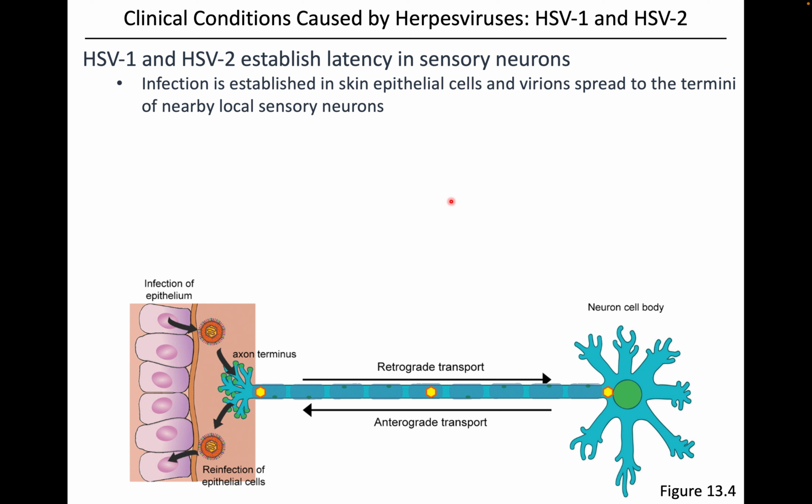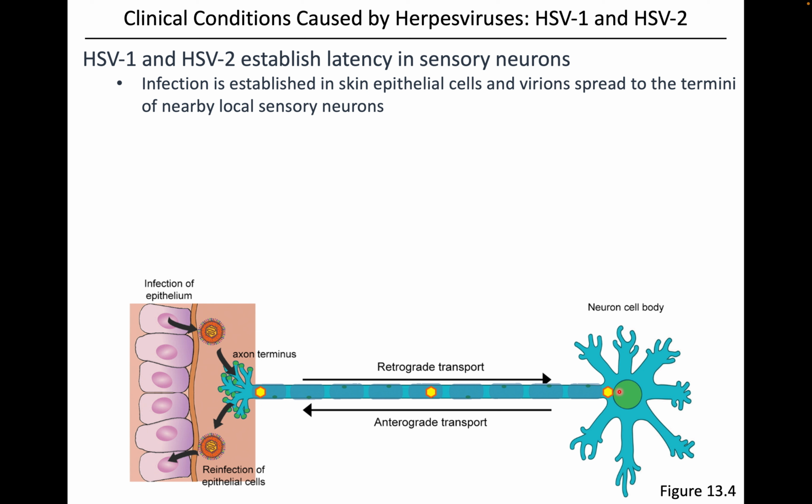So, I mentioned latency and just wanted to throw this in here just to give you a feel for what that looks like typically. For HSV 1 and 2, you're going to have the virus that was infecting epithelial cells enter the axon of a nerve cell and undergo what's called retrograde transport, basically moving back up the axon to the nerve cell body, where it'll enter the nucleus and just hang out there.